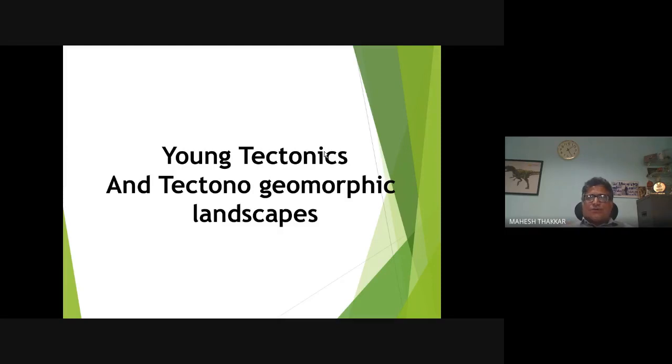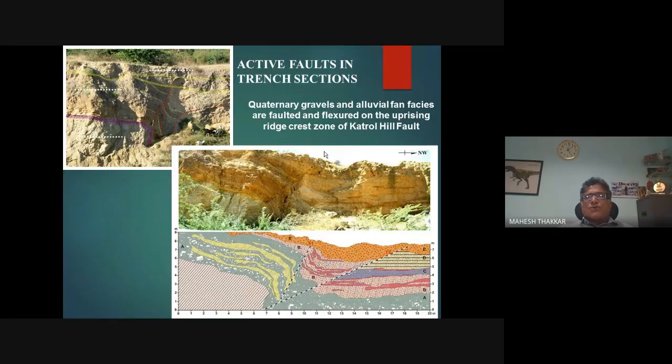which is very significant for the Kachchh Basin to show the intraplate tectonics and the active intraplate tectonics all over India, let us look at some of the active faults wherein the faulting or reverse faulting is preserved in the quaternary sediments. You can see here the quaternary alluvial fans and the gravel facies.